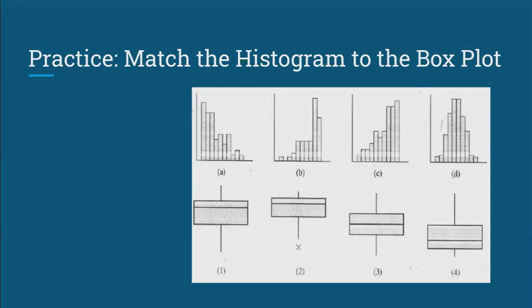Nobody? Nothing? Is the tail on the left side of the data or the right side of the data? The tail matches the skew. The second one has an outlier, so it would be 2.